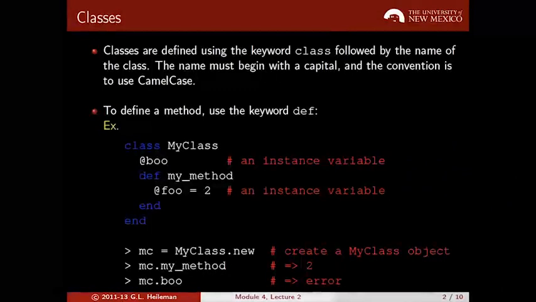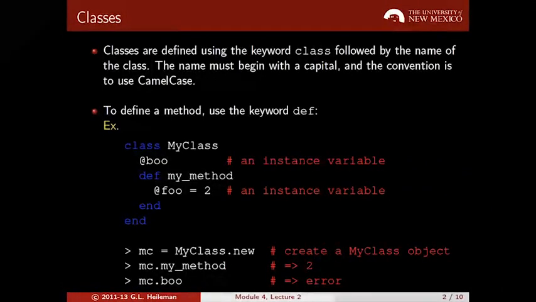So this new method calls initialize. Initialize is provided for you automatically. You don't have to write a constructor. And then in order to call the myMethod method, you just say myc.myMethod, which is the typical way of invoking a member function or a method in object-oriented programming languages.